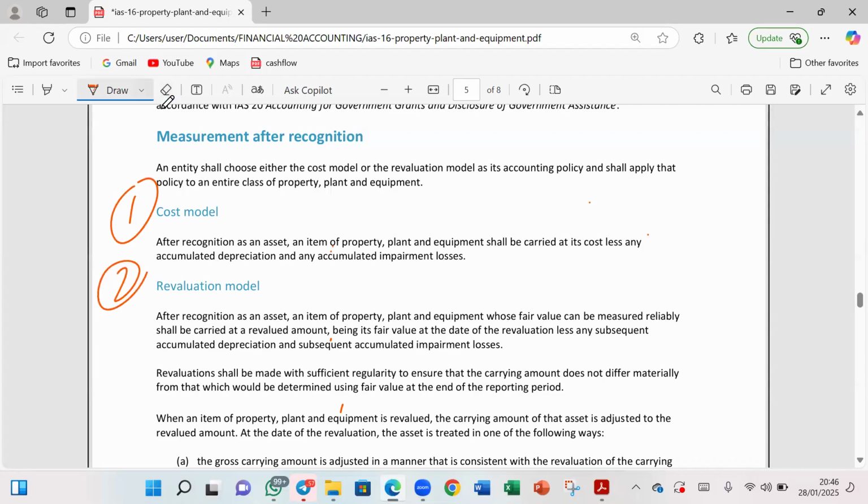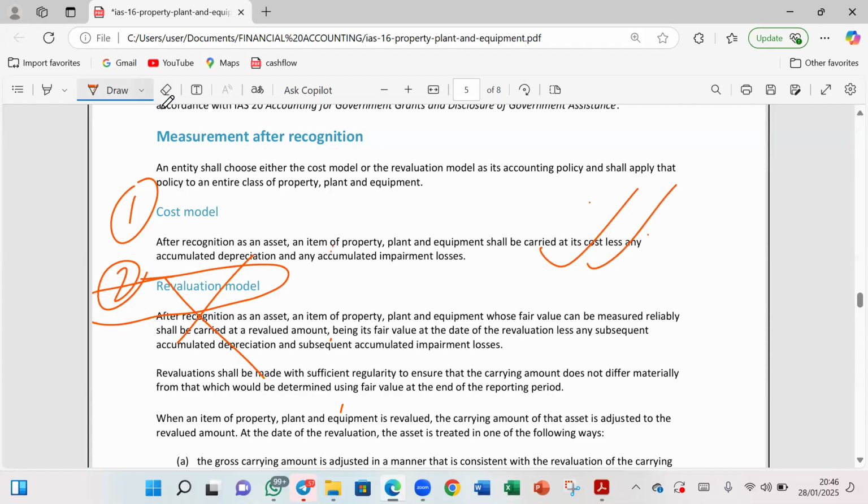Now the cost model is where we shall focus. The revaluation model you shall do in your intermediate level. We are not required to do it at this level. We shall concentrate on the cost model. What does the cost model say?